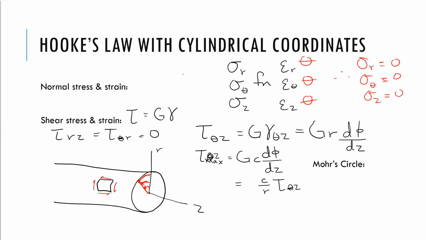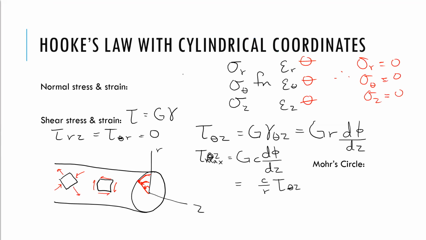But I want you to keep in mind always that although that may be what we're typically interested in, if you look at some other orientation, you will end up with normal stresses, and at some orientation, say 45 degrees away, you're going to have your principal stresses.